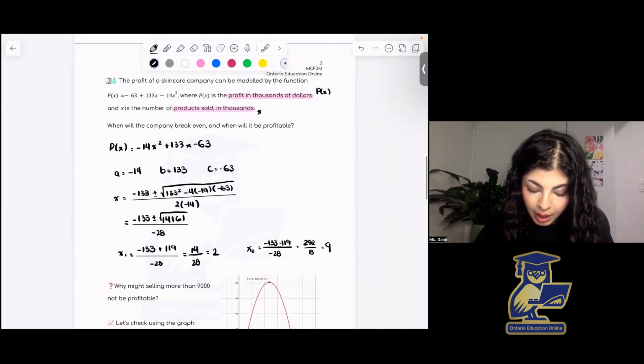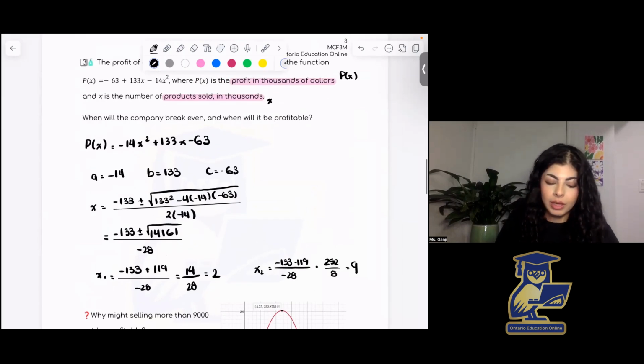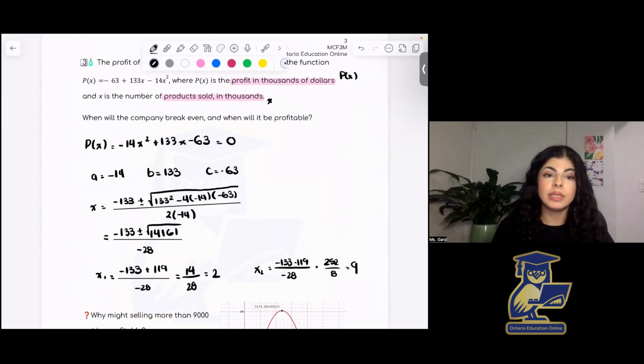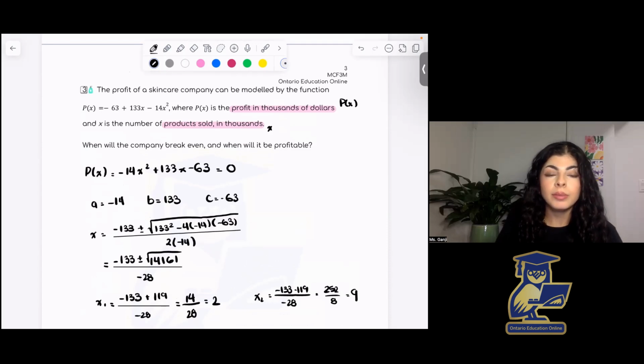And so when will the company break even? It was when P of X is equal to 0. So we found that the solution to that is x1 is 2 and x2 is 9. So going back to our problem so we can interpret the results, the X is the number of products sold in thousands. So X1 being 2 means 2,000 and X2 being 9 means 9,000.